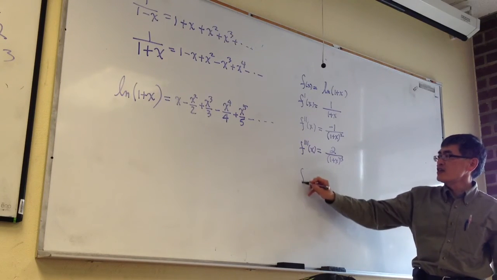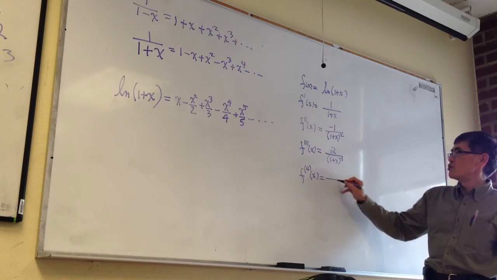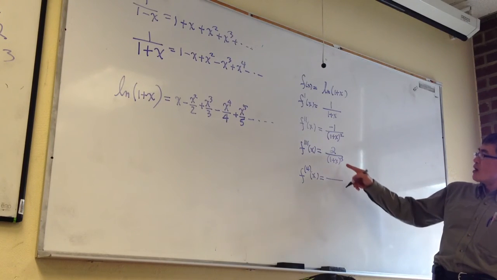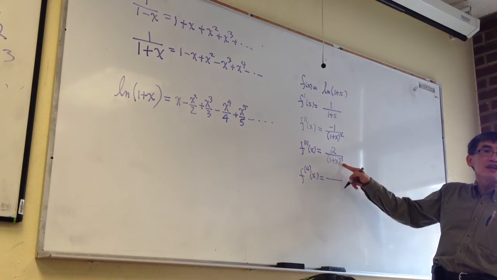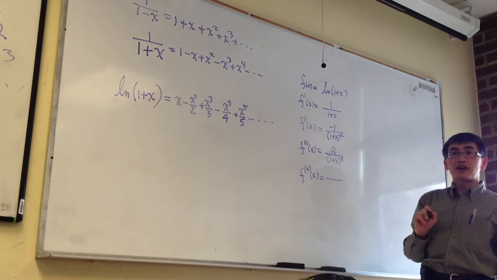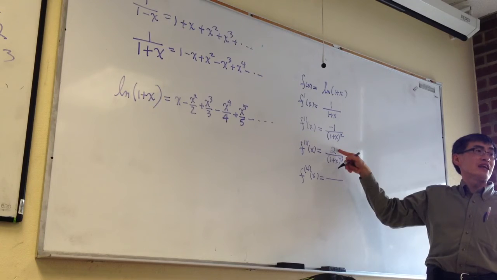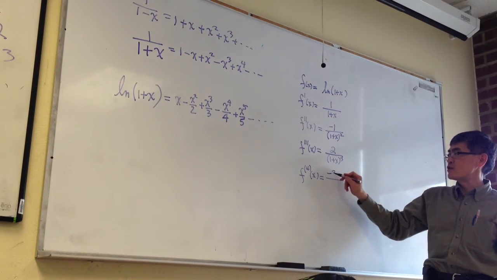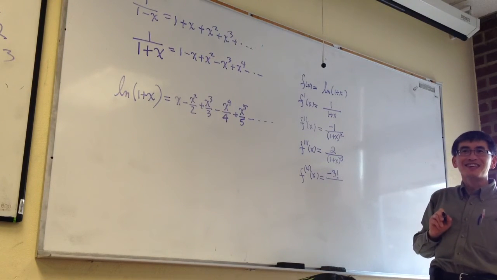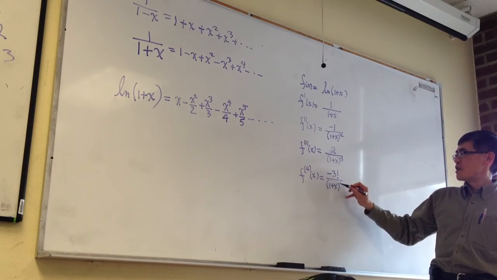Take derivative again, this one's negative 3 power. And therefore, as you take derivative, you have negative 3 factor. Along with 2, wouldn't that be negative 6? But I'm not going to write it as negative 6. I'm going to write it as negative 3 factorial. That's much nicer. Right? And so 1 plus x, 4th power.